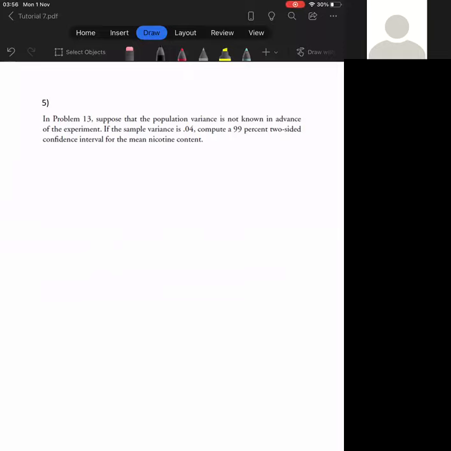Okay, so for this question, it mentions problem 13, which just refers to the previous question. Suppose that the population variance is not known now, and the sample variance is 0.04. It asks us to calculate the same confidence interval. Now when the population variance is not known, we basically look at the student t-distribution.